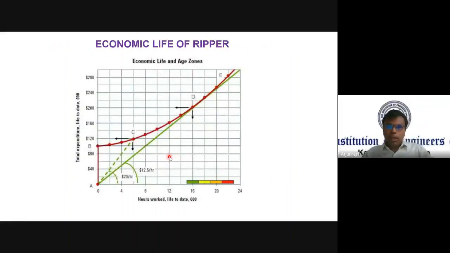This is the economic life of a ripper, between the expenditure required and the number of hours it is going to operate. As the number of hours a particular ripper operates increases, the expenditure also increases, because wear and tear is very important.